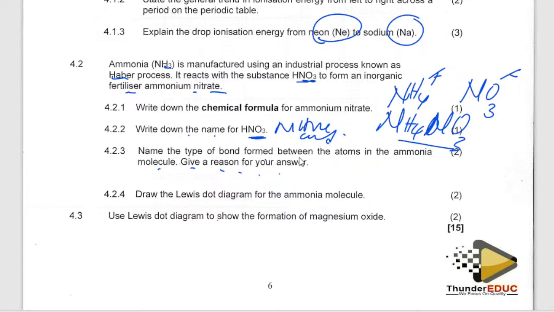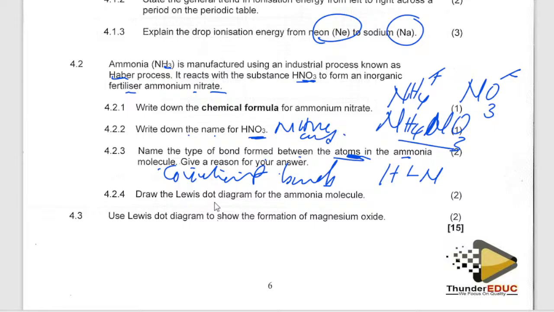The type of bond formed between atoms. They're saying the atoms of ammonia, not the molecules of ammonia, meaning that they are looking at the intramolecular bonds, not the forces of attraction between molecules. So it's covalent bonds. Give a reason: because of the sharing of electrons. So here, check here, it is sharing of electrons.